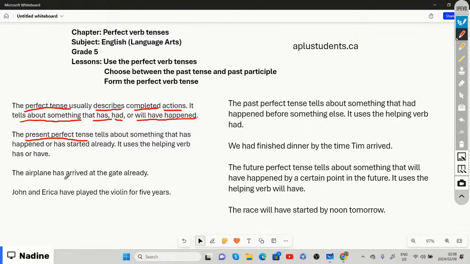So now we're going to the first one, the present perfect tense. It tells us about something that has happened or that has started already, and it uses the helping verb has or have.